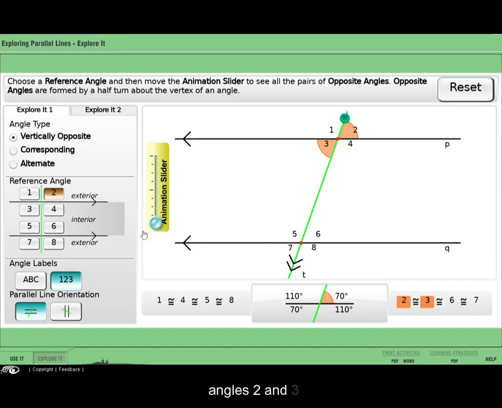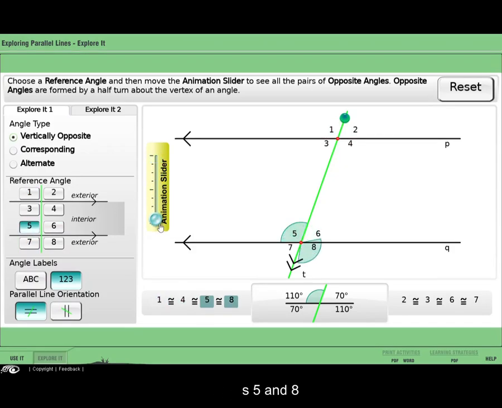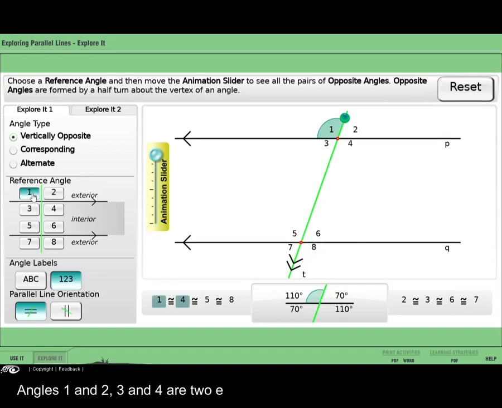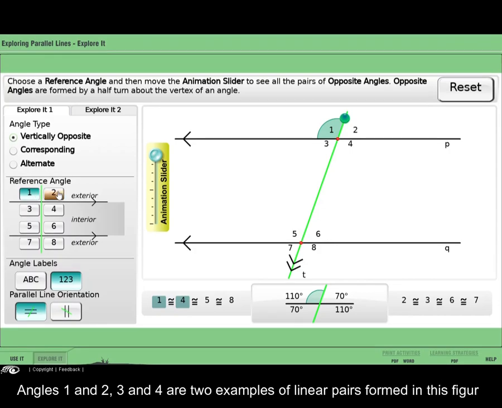Angles 2 and 3. Angles 1 and 4. Angles 5 and 8. And angles 6 and 7. Angles 1 and 2, 3 and 4 are 2 examples of linear pairs formed in this figure.